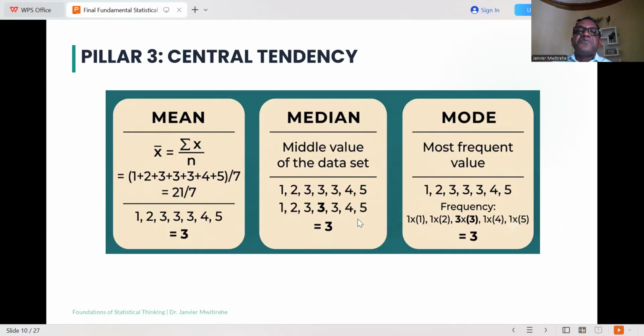The extreme values are limited. I think we'll see it when we cover the variation.